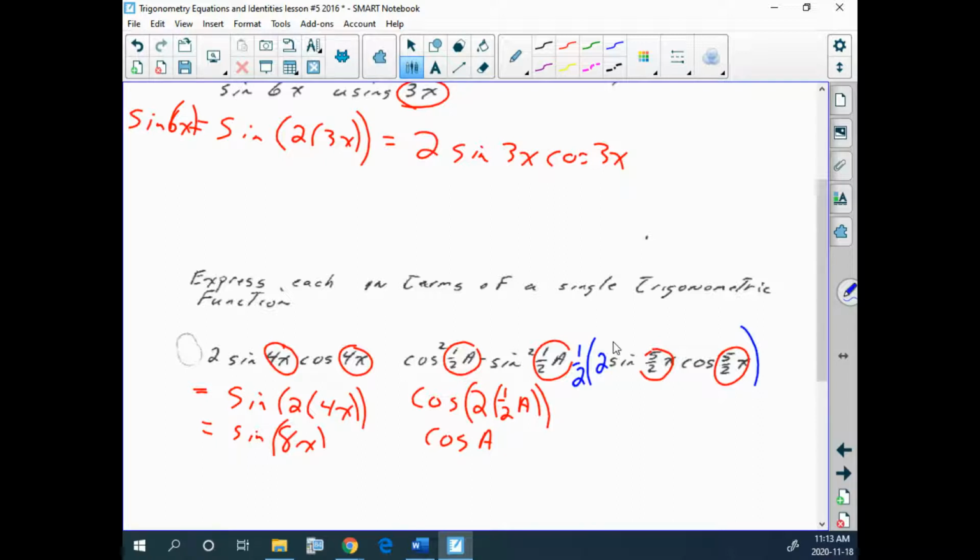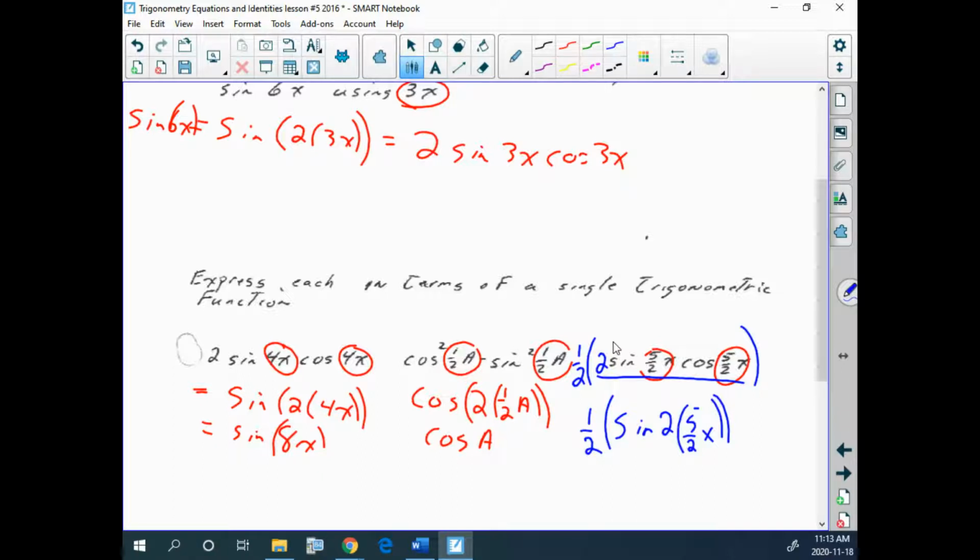And why did I do that? Now, we have an identity for 2 times sine of an angle, cos of an angle. So I'll keep that 1/2. 2 times sine of an angle, cos of an angle is sine of 2 times your angle. So you see how that worked out?